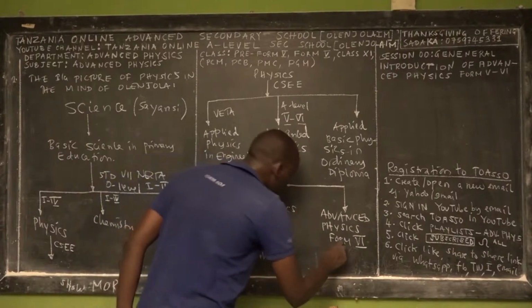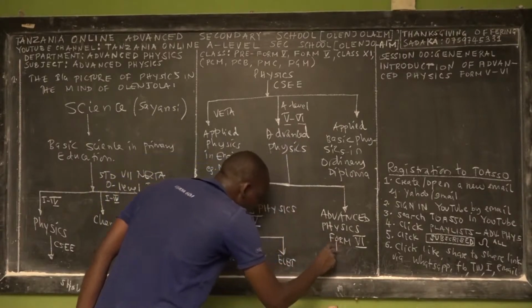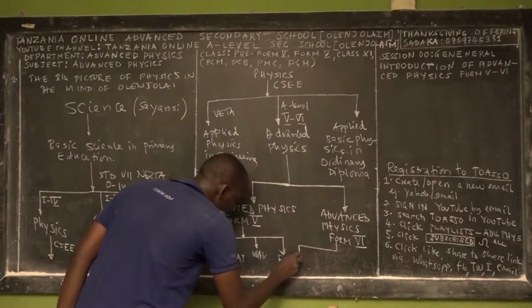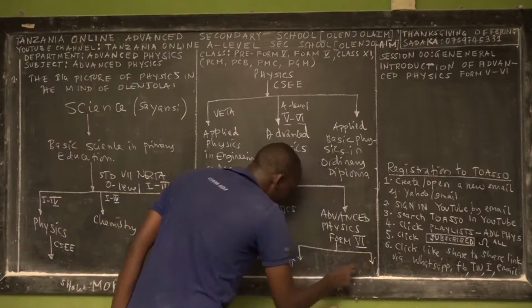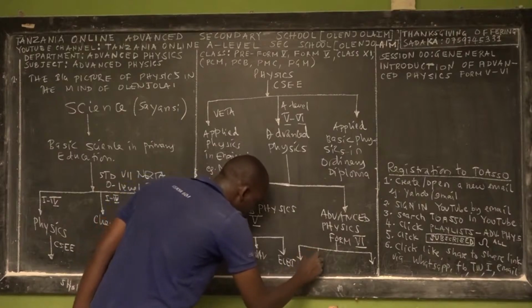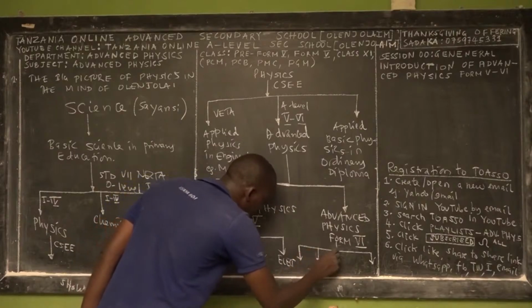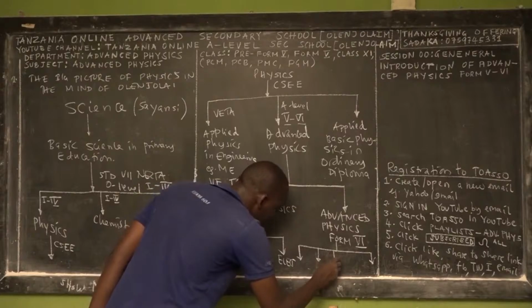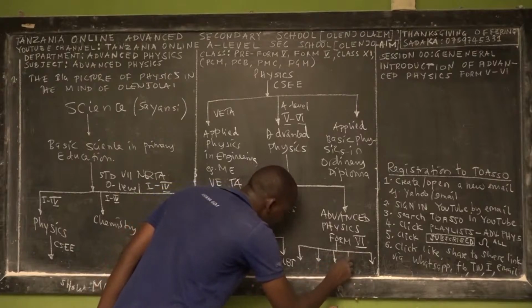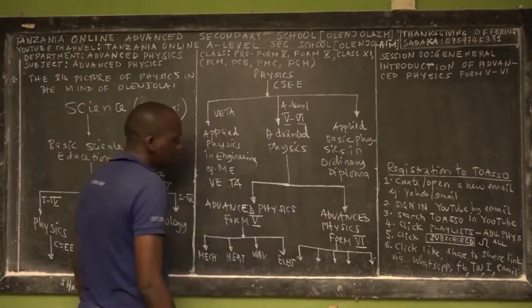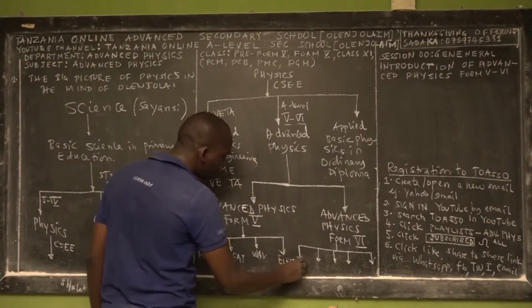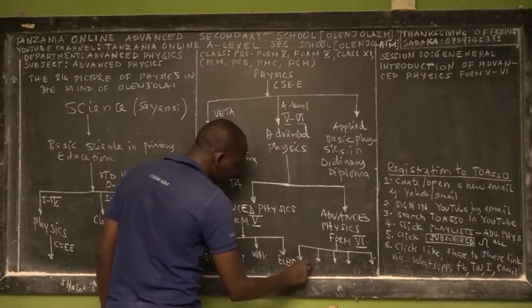While Advanced Physics Form 6, according to the new syllabus of the United Republic of Tanzania, students have to learn 5 topics effectively and understand, because the exam will be testing the concept or the understanding of all the 5 topics. The first topic is electromagnetism.